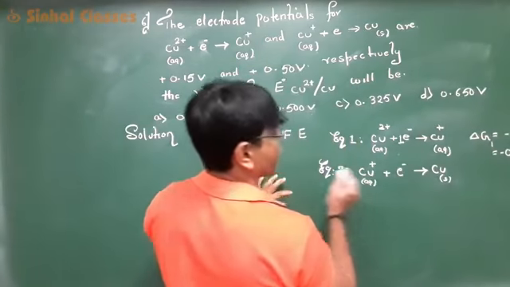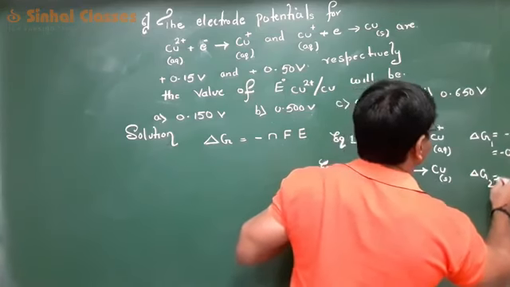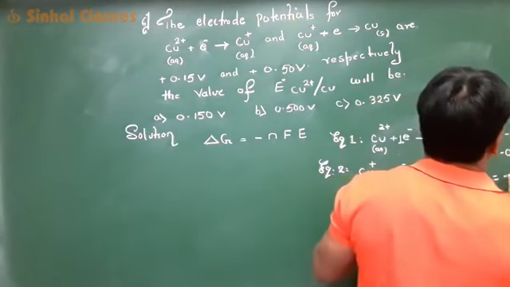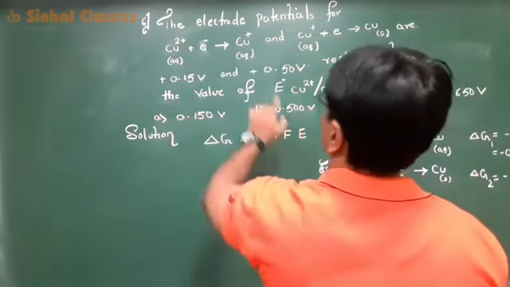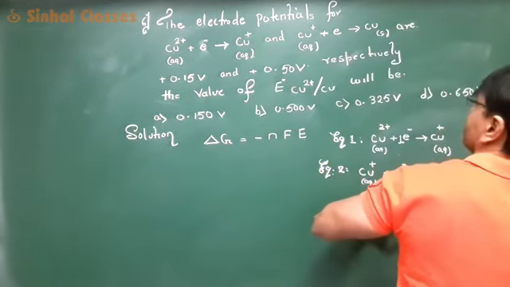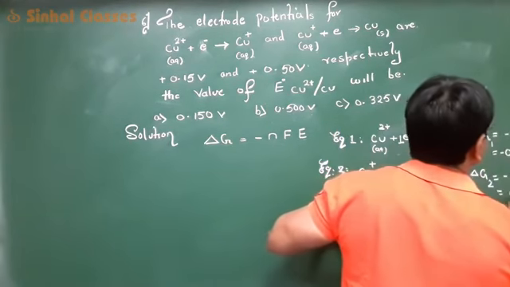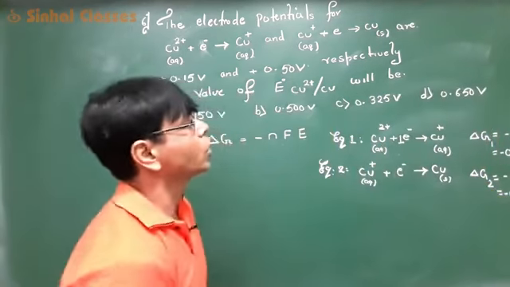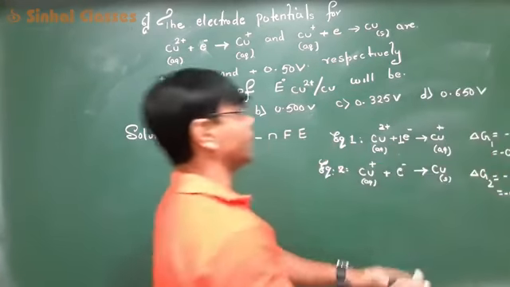For this, delta G2 will be equal to, the n value here is 1 again, so it is minus 1 into Faraday into, this time the value of electrode potential is 0.50 volt. Okay, so this much Faraday.